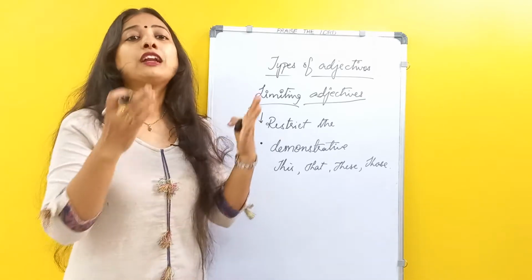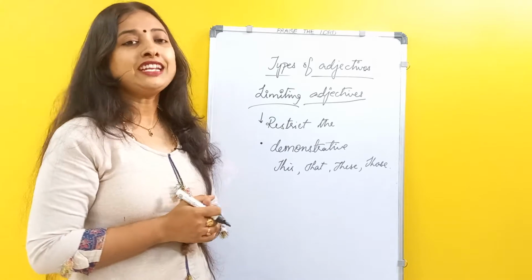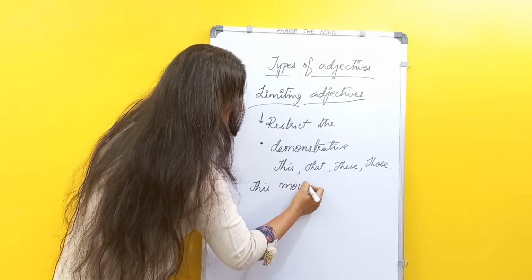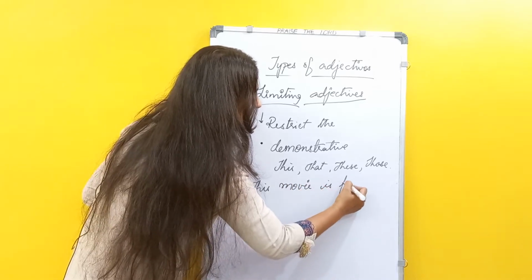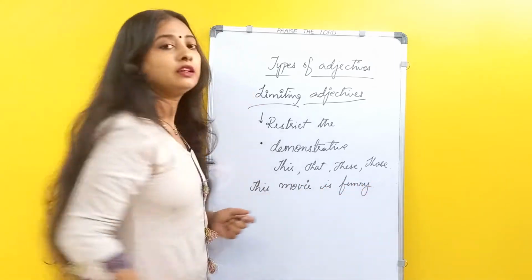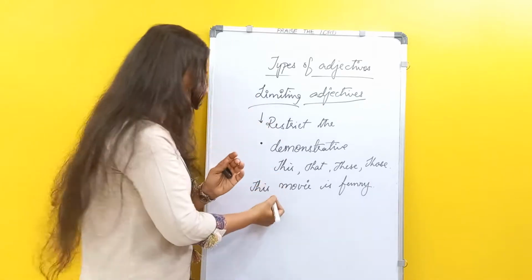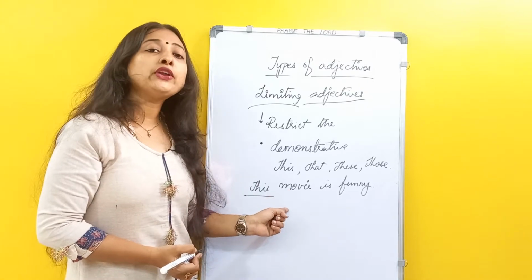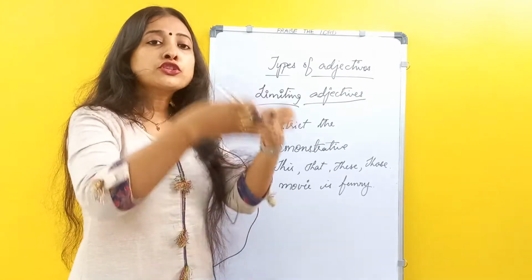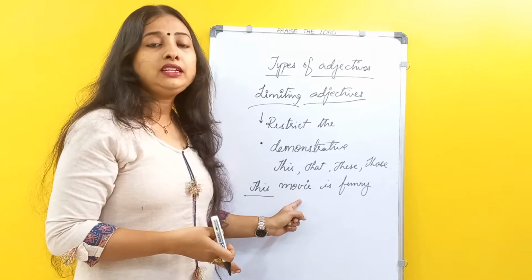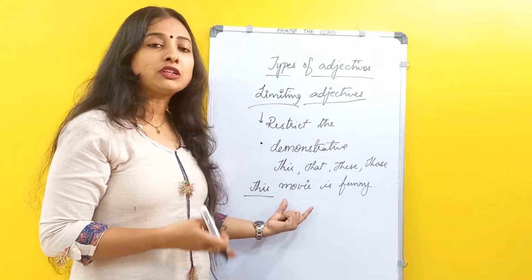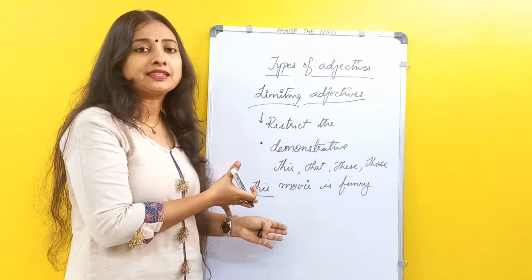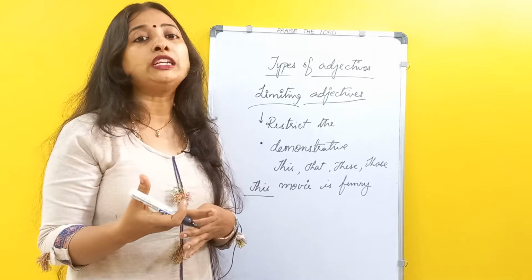This book or this movie is funny. Suppose I am saying, this movie is funny. It is just pointing out at it. This is the adjective, it is actually trying to show or tell about the movie. But it is not describing, it is not telling about its qualities. Is it trying to show any quality of the movie?